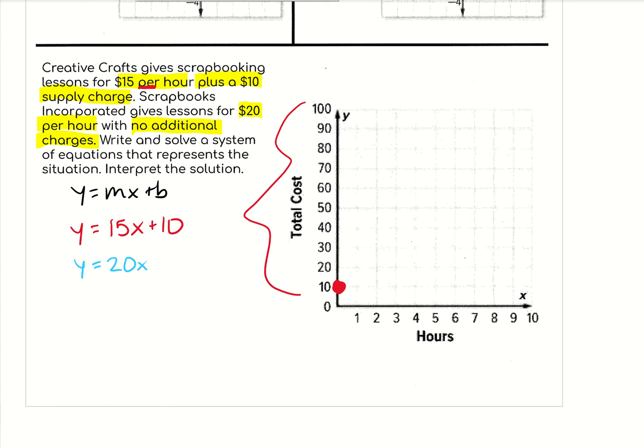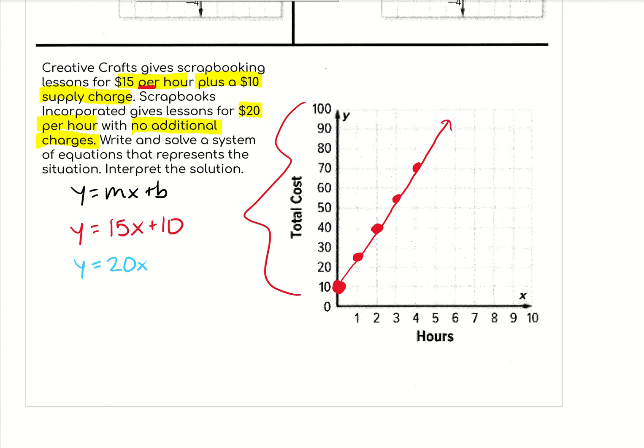All right, so for the first one, if we went up 15 from 10, 15 plus 10 is 25, so we need to be at 25, and then we went over 1. Okay, so that'll be right there. This one is our next point. Here's our next point, and so on, all the way up. Oh, that was a bad line. And there's our graph. Okay.